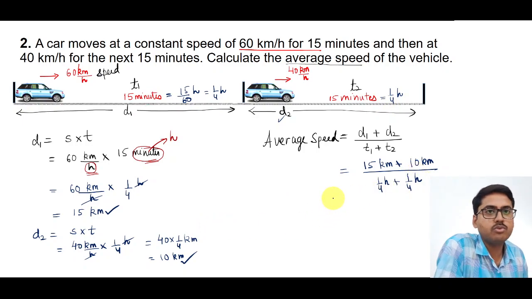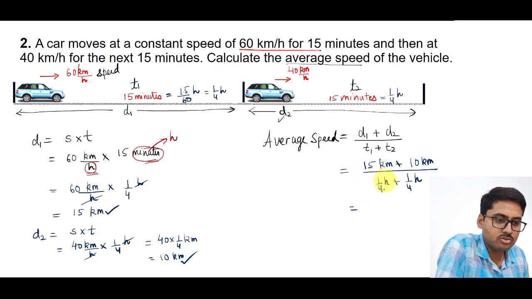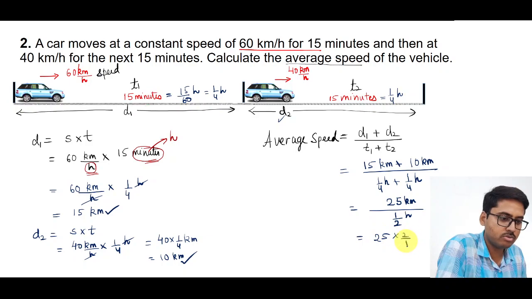So 1/4 plus 1/4 is half. So this will become 1 by 2 hour, and 15 plus 10 is 25 kilometer. So if you solve this, 25 divided by 1 by 2 means 25 gets multiplied by 2 by 1, and the unit will be kilometer per hour.